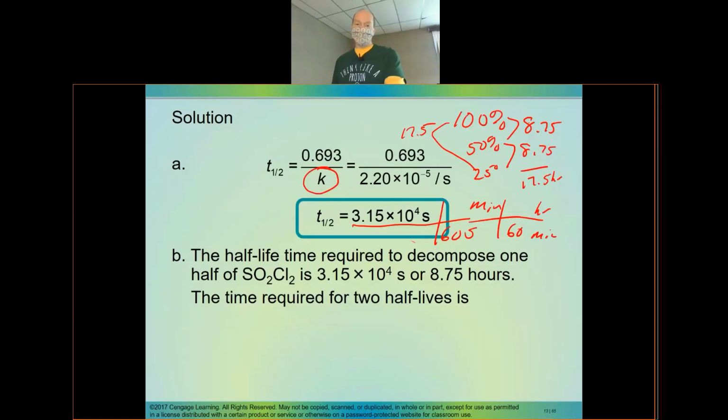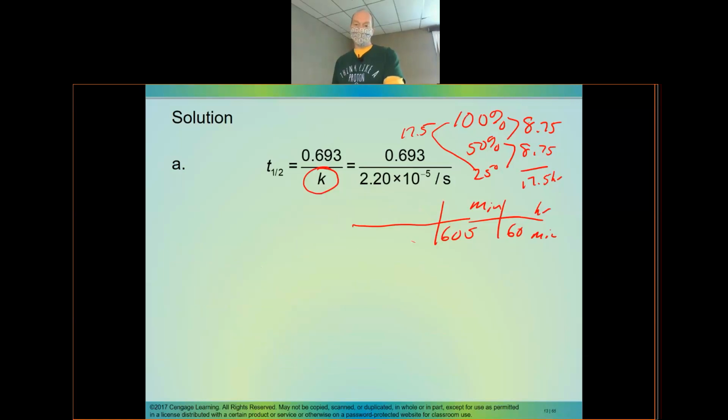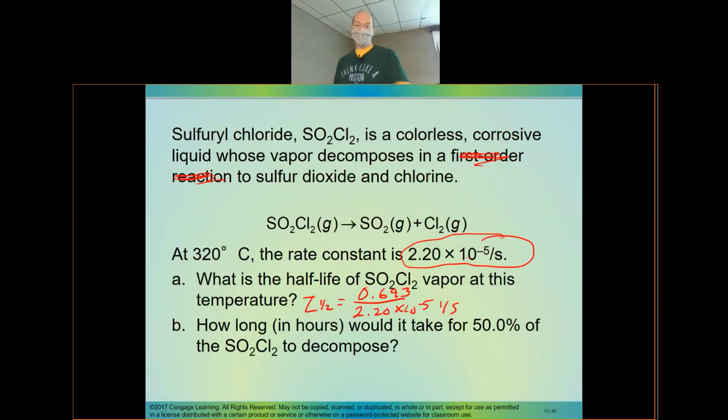All right, let's do this problem, but this time we're going to do it as a second order reaction. So if I changed this to 1 over molarity times second, or I said this was second order, so now it's second order.